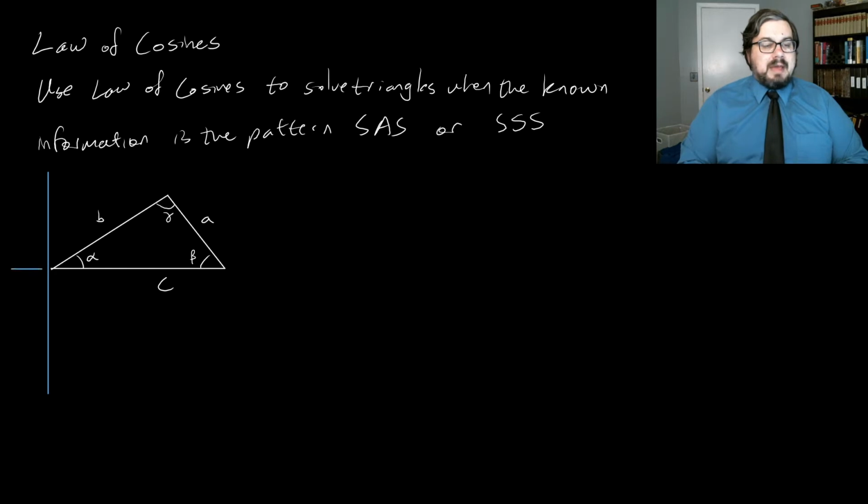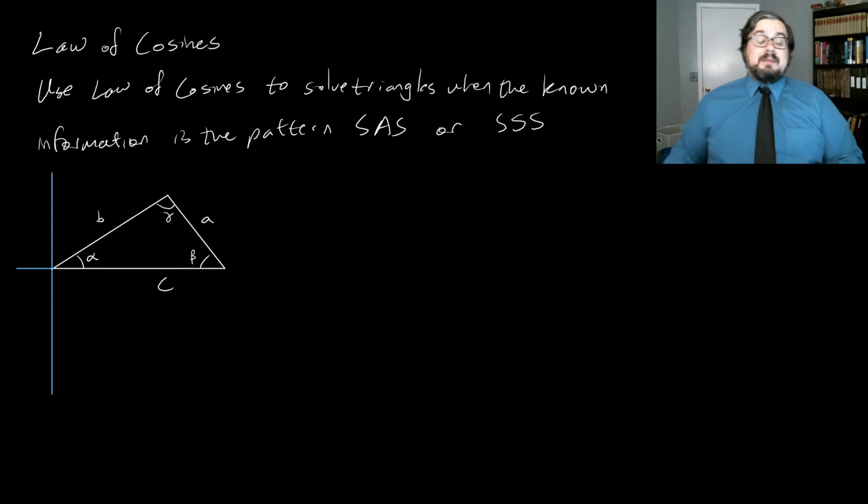I want to imagine this as actually sitting inside the Cartesian plane because we're going to use some of the relations between the trigonometric functions and points in the plane.